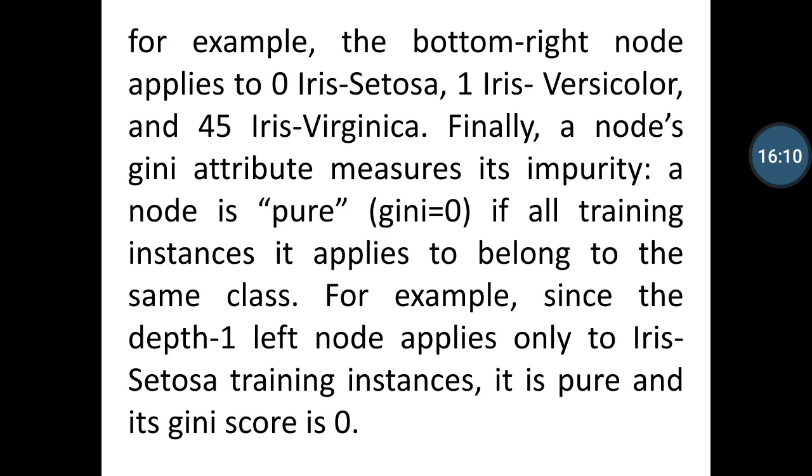For example, the bottom right node applies to 0 iris setosa, 1 iris versicolor, and 45 iris virginica. Finally, a node's gini attribute measures its impurity. A node is pure, gini equal to 0, if all training instances it applies to belong to the same class. For example, since the depth 1 left node applies only to iris setosa training instances, it is pure and its gini score is 0.